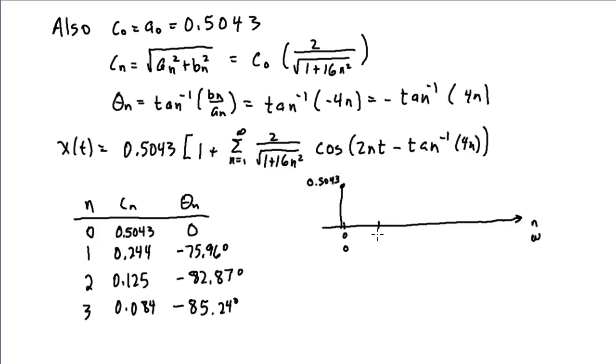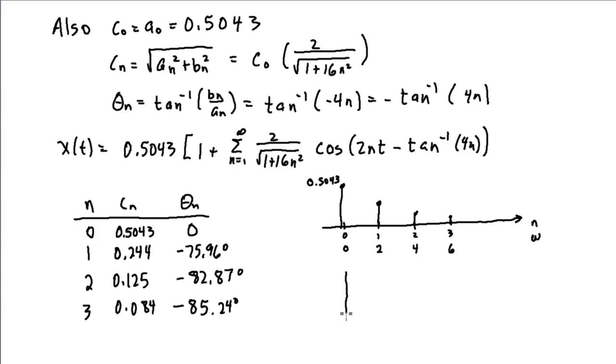And then our fundamental component, which in this case has a frequency of, remember, omega 0 is 2 radians per second. It has an amplitude of 0.244, which is slightly less than half of A0, so I'll draw that. At n equal to 2, corresponding frequency of 4 radians per second. Looks like we've gone down by about another factor of half. Then 6 radians per second. Again, these are continuing to decrease. And theoretically, they never get to 0, but they do get smaller and smaller.